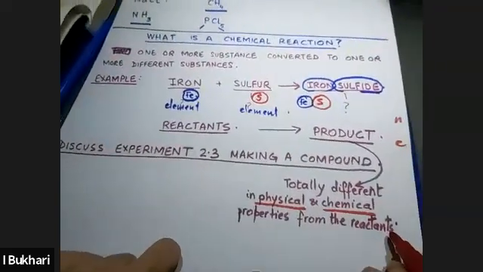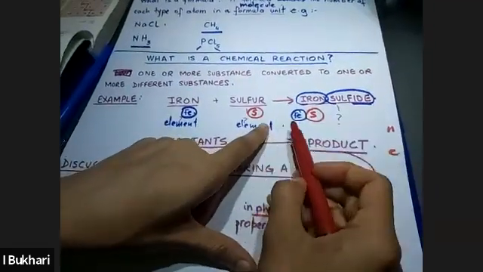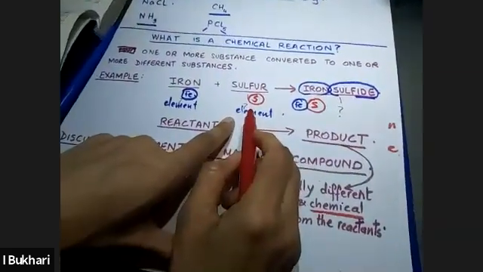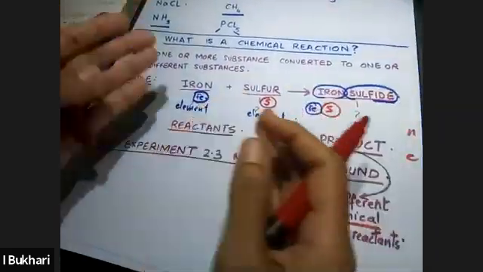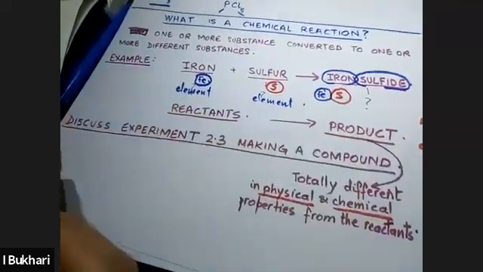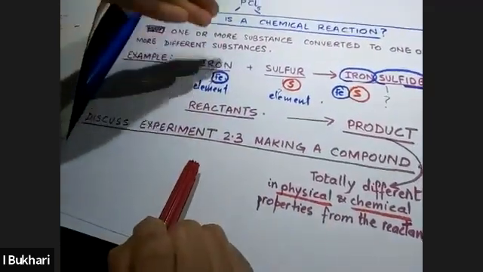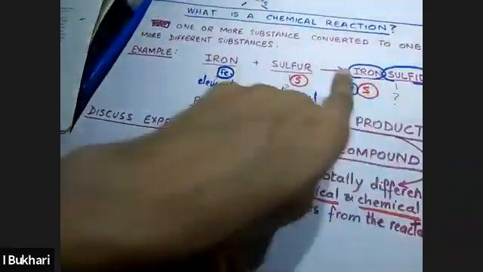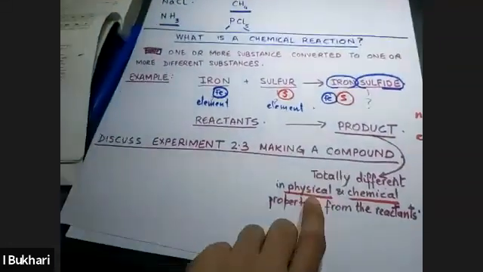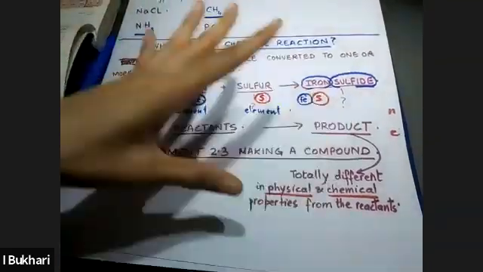Iron sulfide will be physically and chemically absolutely different from iron as well as sulfur. They have no relationship at all in their physical and chemical properties. So a chemical reaction is a process in which one or more substances get converted to an entirely different substance which has entirely different physical and chemical properties from the reactants. That's a proper definition of a chemical reaction.